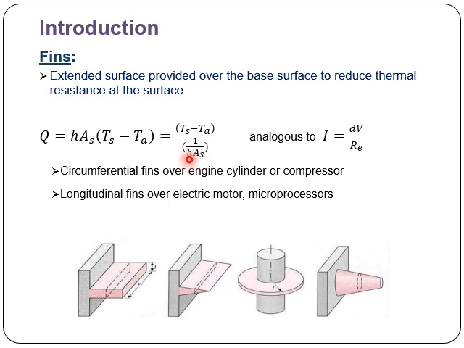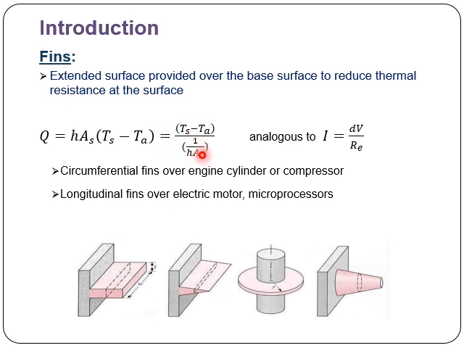Now for a given condition, h is fixed, like suppose you are placing a hot object in still air, this h value is fixed for that condition. But one way of reducing this denominator which can enhance the heat exchange is to provide fins over the surface.